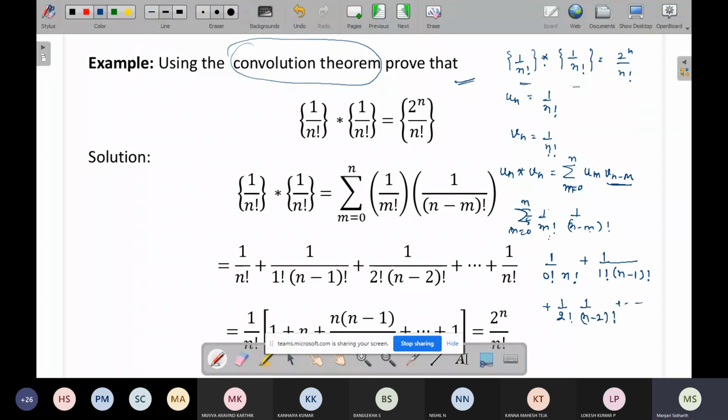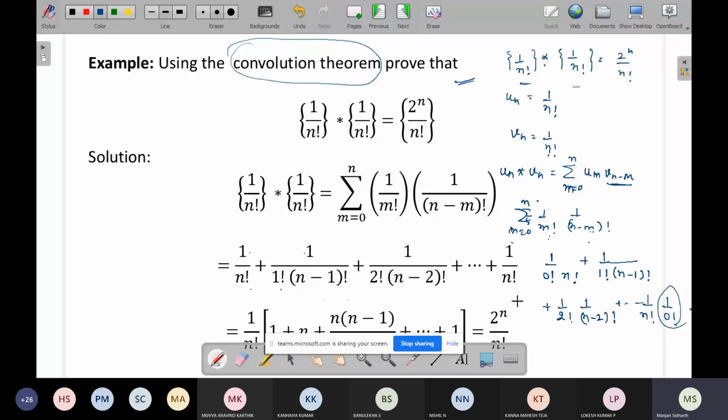And it is going up to m equals n, so 1 by n factorial times 1 by 0 factorial. When I simplify, 0 factorial means 1, so 1 by n factorial, 1 by 1 factorial, and this again is 1, so 1 by n factorial.